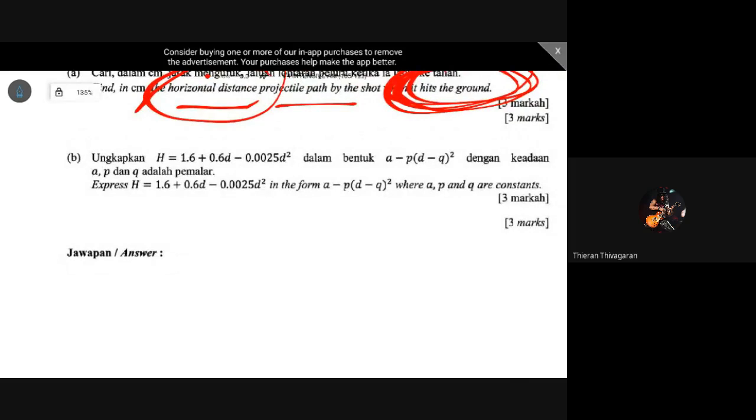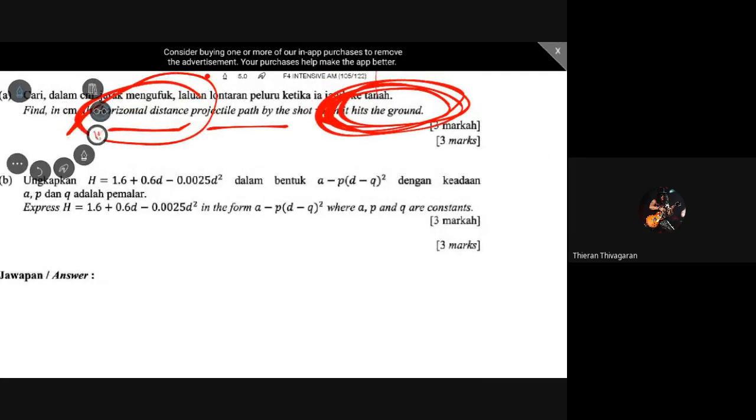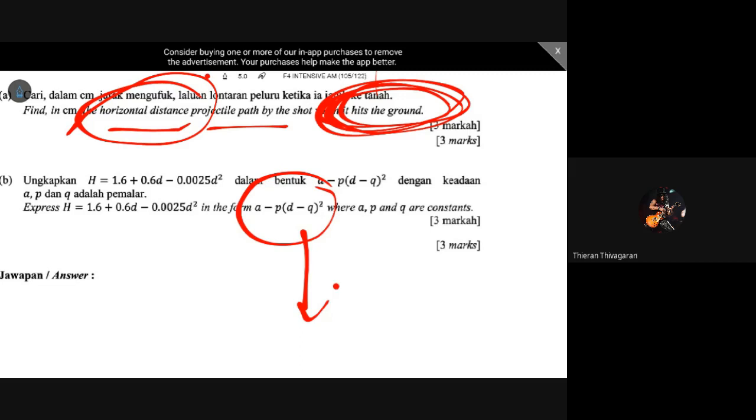Okay, this one. What form is this guys? Apa bentuk yang ni? What is the format of this? Yes, vertex form. Okay, tengok mereka boleh guna mana-mana huruf yang mereka suka. They can use any alphabet they like. P and Q, H and K, mana-mana pun boleh.